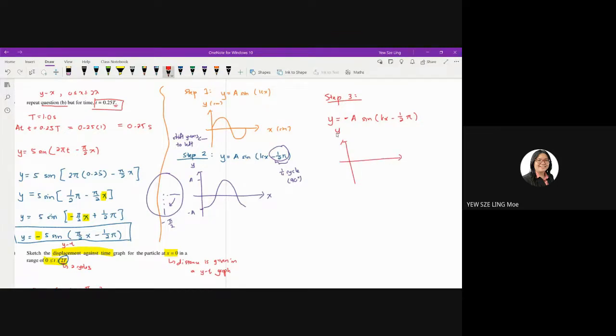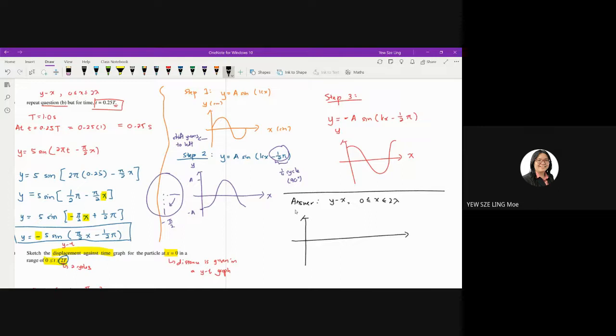So I have a y against x graph, and now my graph looks like this. This is the shape that I'm going to use to solve question B. Therefore, my answer would be, because the question is asking for the y against x graph for a range between 0 and 2 lambda, the graph would look like this.